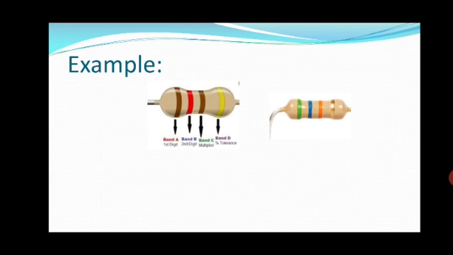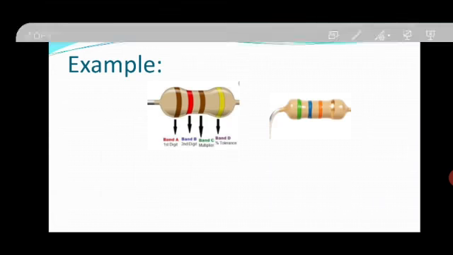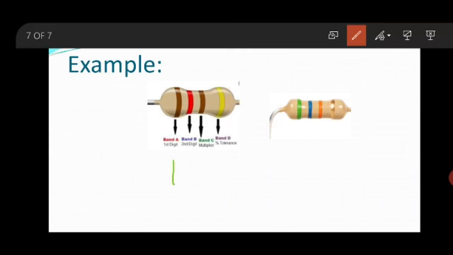Now, what is the value of brown? The value of brown is 1. I write here 1. What is the value of red? Previously I mentioned 2. Again there is a brown.